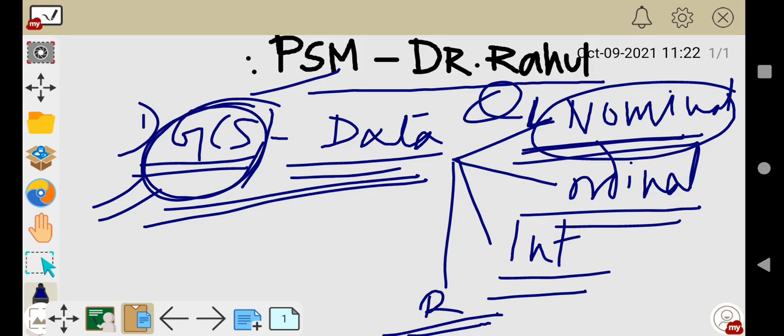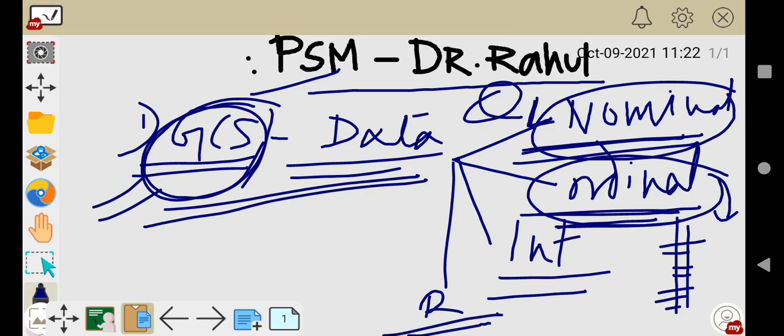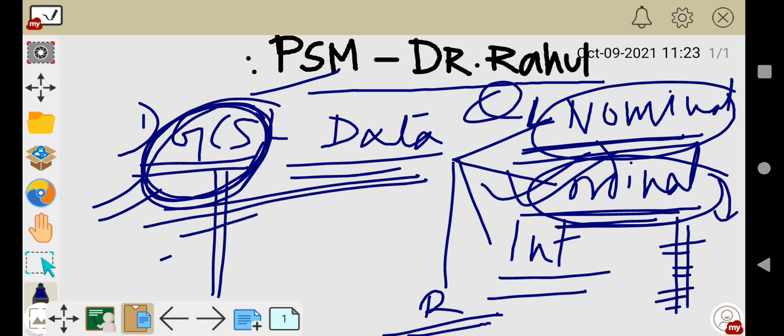Ordinal is data that you can rank based on severity, or you can score them, or tell them like mild, moderate, severe. These are ordinal data. So basically GCS is ordinal data. By now you understood the concept, because GCS you can grade: you can grade mild, you can grade moderate. So this is an ordinal type of data.